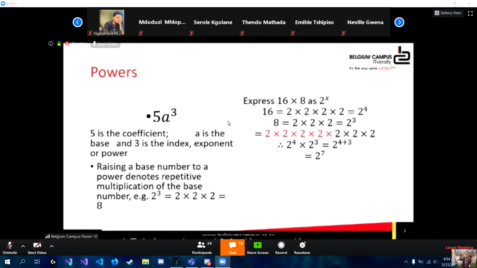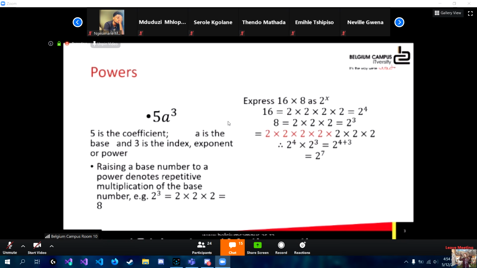Sometimes you'll be asked to change an integer into some base and its power. So for example, we have 16 multiplying 8, and you have to express it as a base of 2 to some power. If we break down 16, we'll see that 16 is equal to 2, 2, 2, and 2.